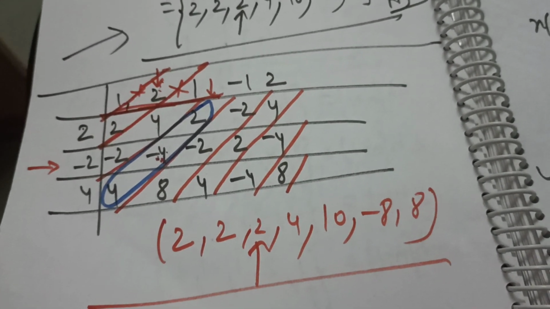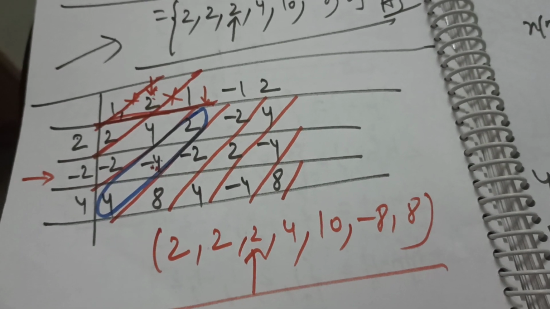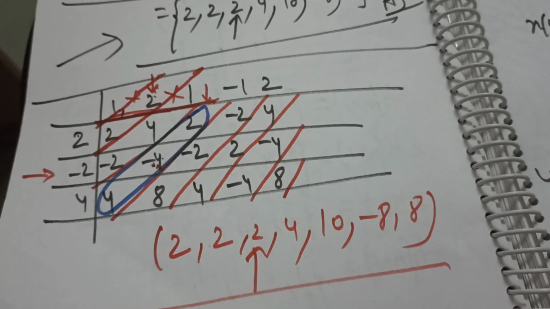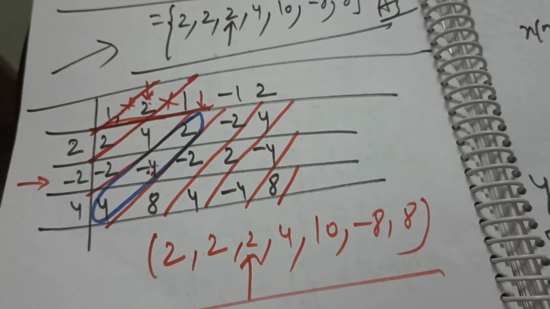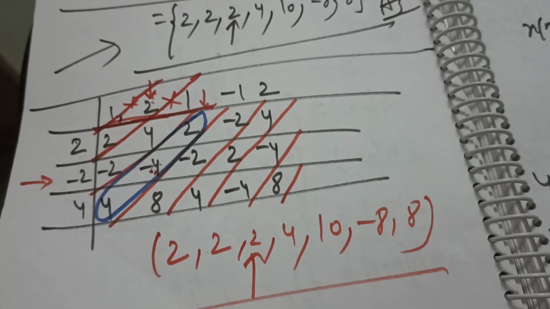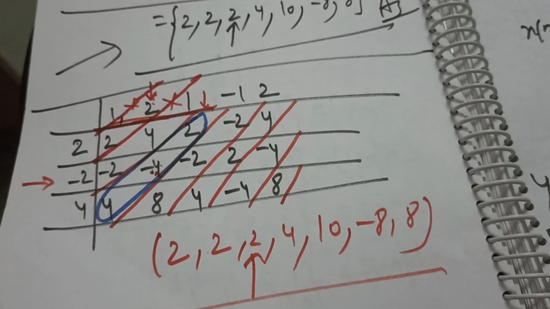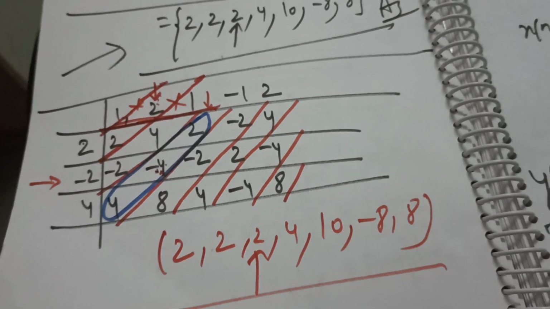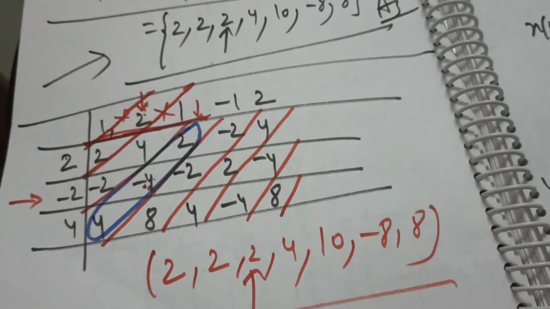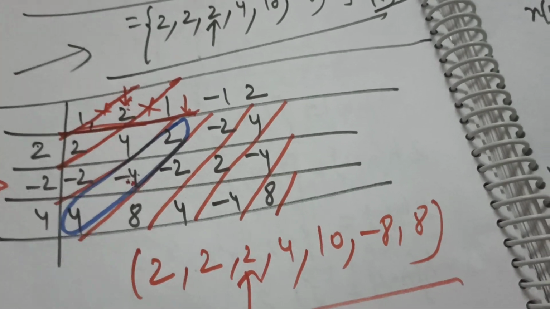Now we will add, that is 2, 4 and 2, minus 2. Now 2 minus 4, 4, it will give you 2, and minus 2, minus 2, 4, that is 4, 10, minus 8 and 8. Hence the finite duration convolution is obtained.